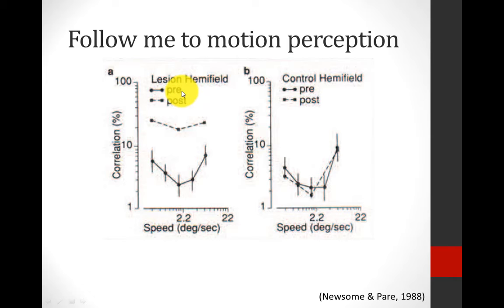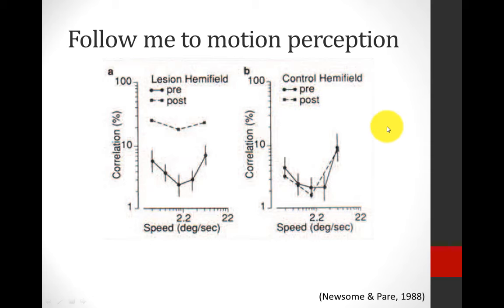They only injected to destroy processing in one part of the visual field, and left the other hemifield intact. The solid line with the circles is pre-lesion, and then post-lesion. That's true in the other plot as well, pre and post.